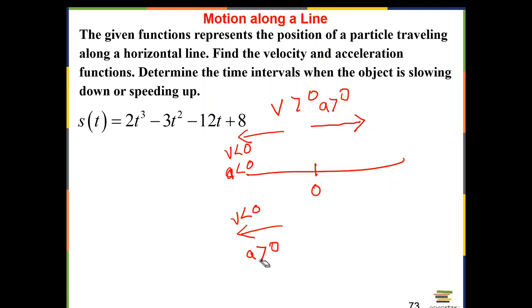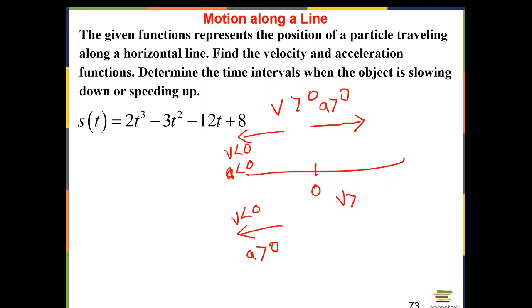The brakes act against the direction of rotation of the wheels. So if the wheels go this way and you go left, then the acceleration is this way. So acceleration wants to move you backwards. So acceleration has a positive sign, right? So in this case, we say that the object is slowing down, going left.